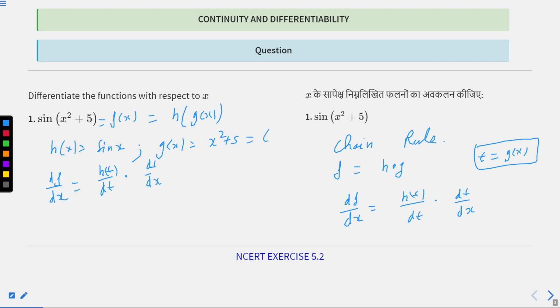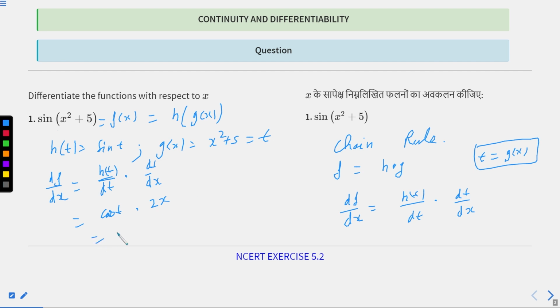This I'm taking as t, so h of t means sine of t. So dh by dt means cos t, multiplied with dt by dx, which is 2x.